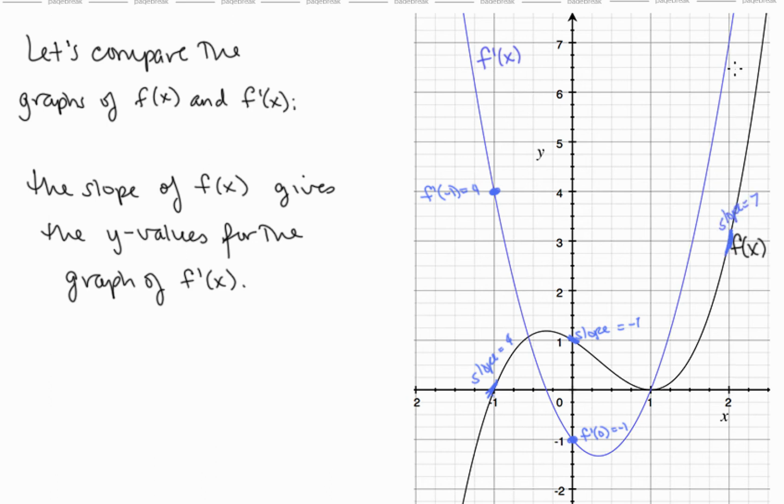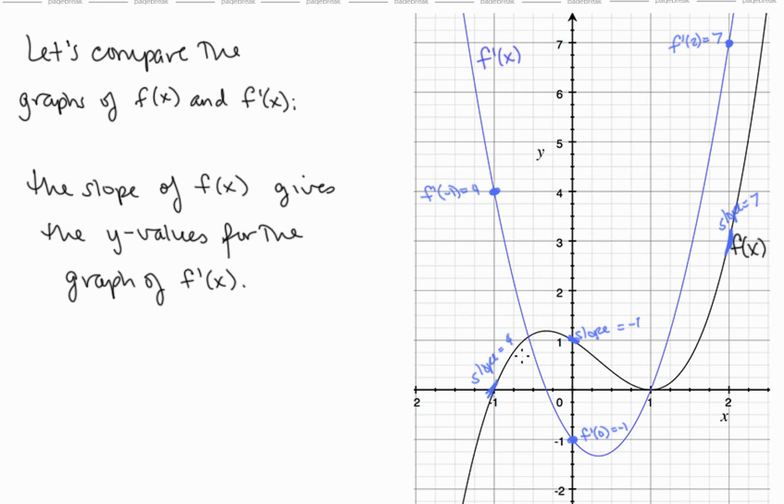And on f prime, the y value is in fact equal to 7. So f prime of 2 is equal to 7. So the y values on f prime are giving the slope values on f for any given x value.